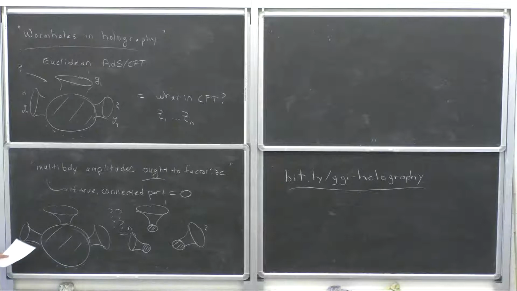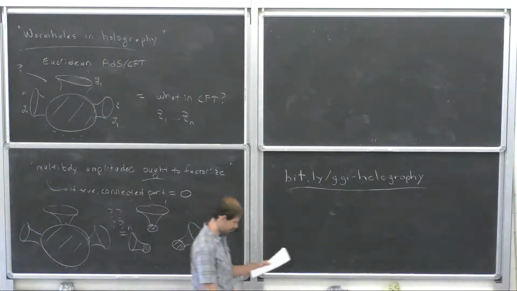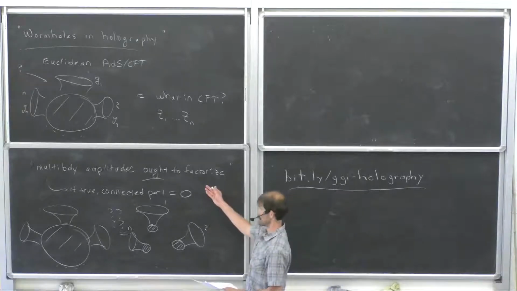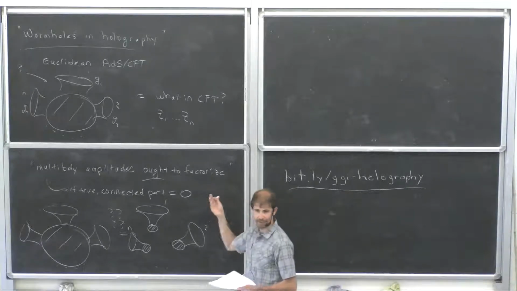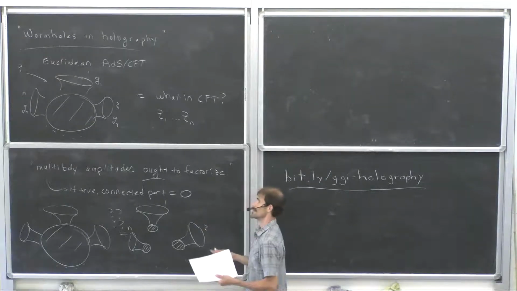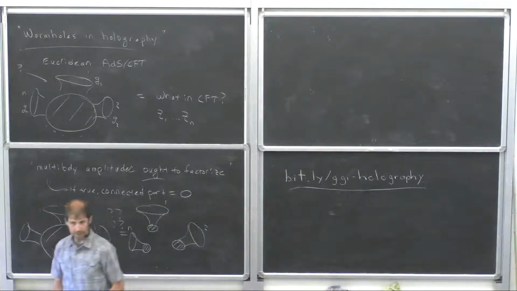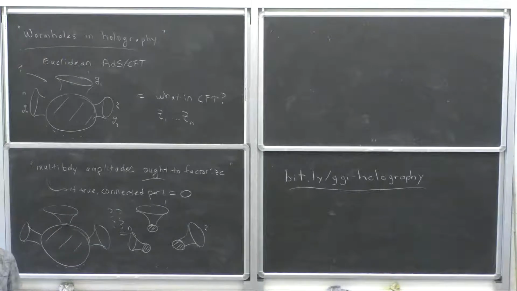For instance, we can at least draw field configurations, smooth geometries, off-shell ones, wormholes that fill in these boundary conditions. And if it's really the case that the connected part is zero, somehow the sum over all those things that connect the different boundaries must identically vanish. Is that the case? Is this true? Is it not true? What does it mean if it's not? What do we learn about wormholes from this? Those are the broad questions that we will be concerning ourselves with in these lectures.